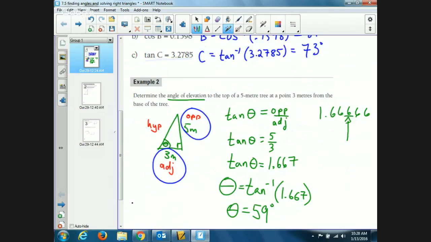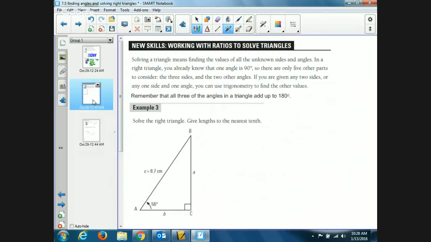One other example here, and this one's got a few steps to it. The new skill is working with ratios to solve triangles. Solving a triangle means finding the values of the unknown sides and angles. In a right triangle, you already know the one angle is 90. And then the thing across is called the hypotenuse.